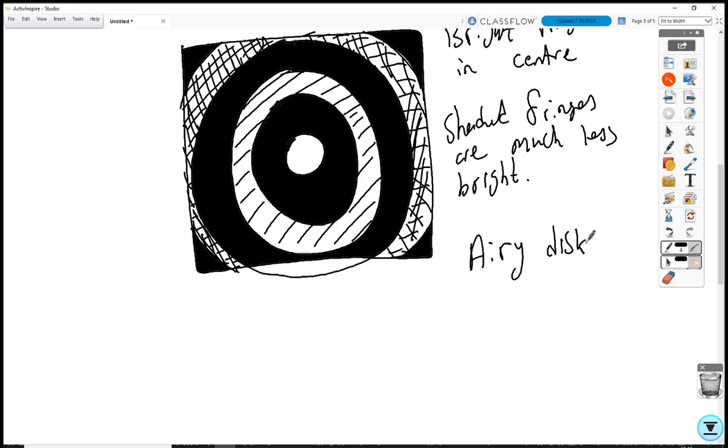Now, if we were to use monochromatic light, it will give us this sort of pattern. If we were to use non-monochromatic light, for example, white light, then that will produce a central white fringe because all of the different wavelengths will meet in the center. But all the subsequent fringes will be a spectrum.